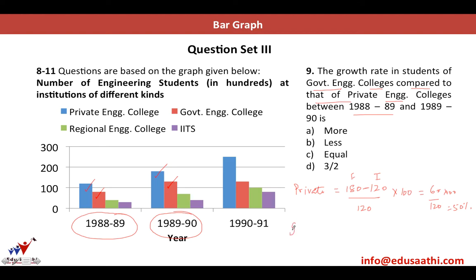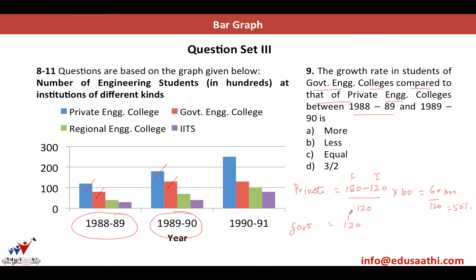Now let's check for government engineering colleges. So this red graph here, the final value for 1989-90 is somewhere close to 120.